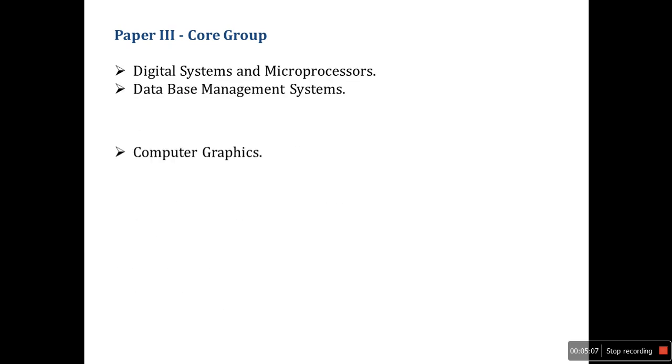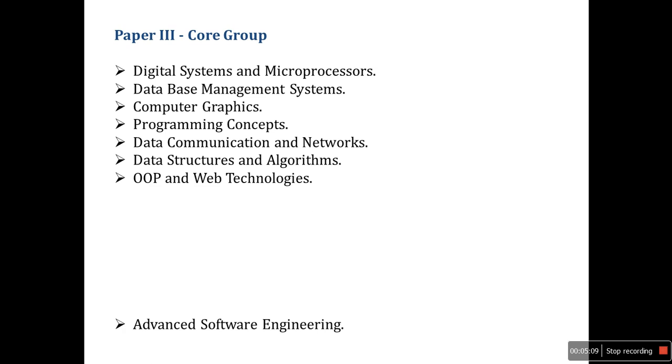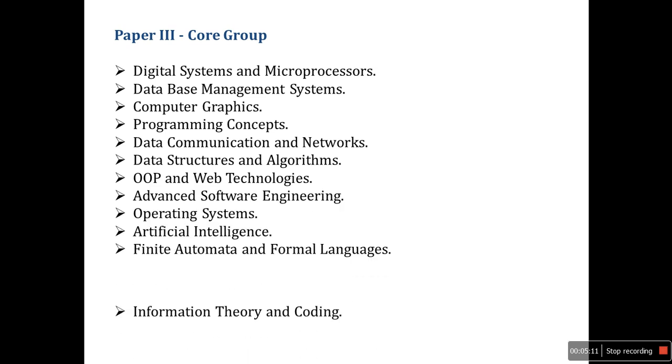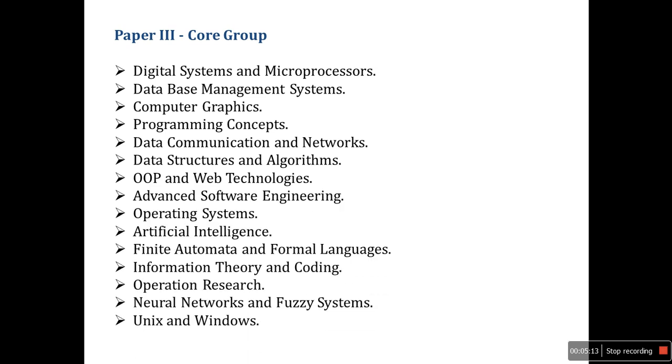Paper 3 has several subjects, and based on these subjects only we can score good marks. While learning these concepts we'll get some interesting topics also. Mainly, finite automata and formal languages carry nearly 30 marks of questions, and we should give first preference to studying this subject.